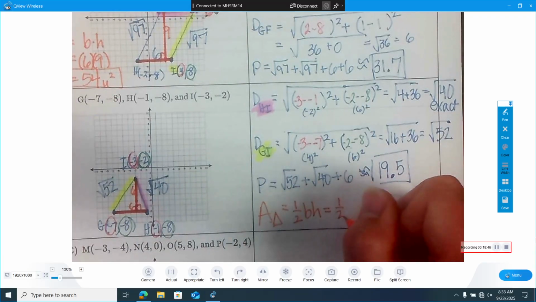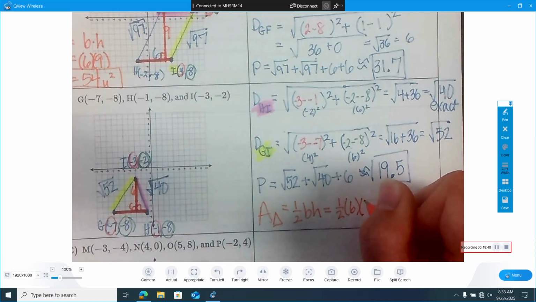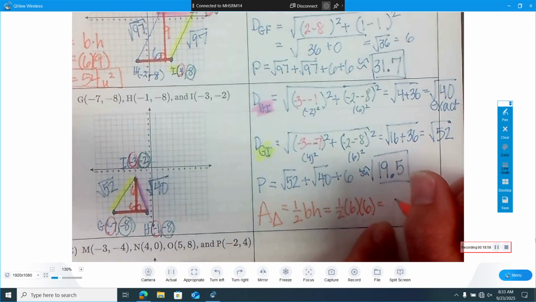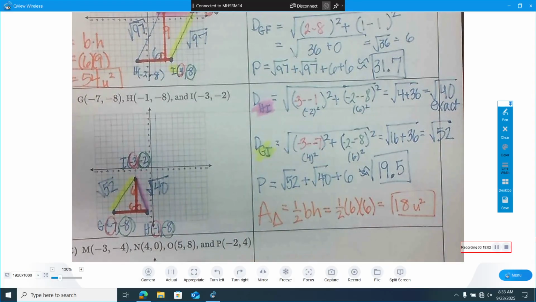So it's going to be 1/2 the base of 6 times the height of 6. What is 1/2 6 times 6? 18. Yeah, 6 times 6 is 36. Half of 36 is 18 square units. Unit, whatever the unit happens to be.